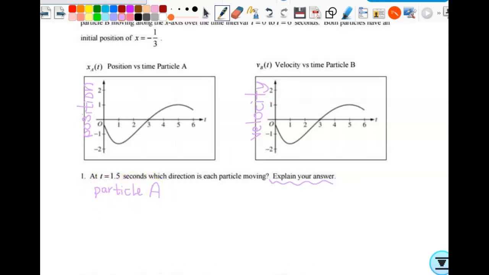All right, talk to me about particle A. Or have a little 30-second conversation at your table. Using this graph, which tells us position, which direction is particle A moving?